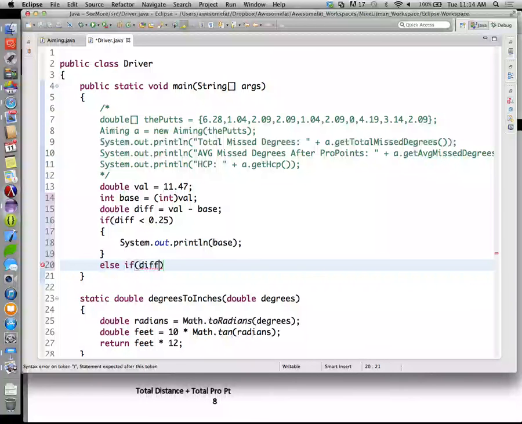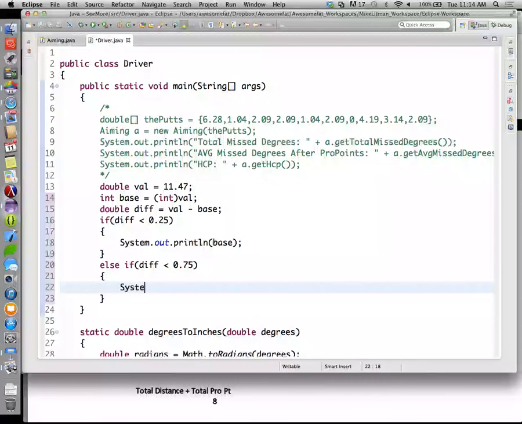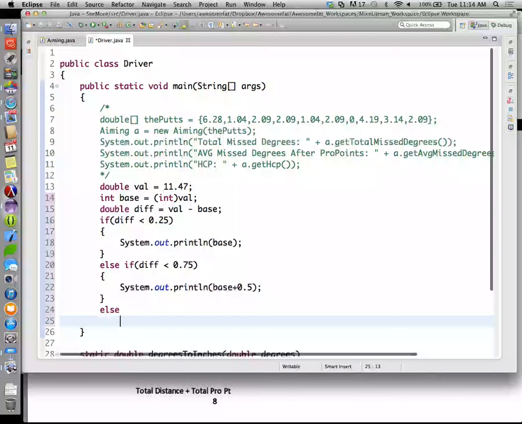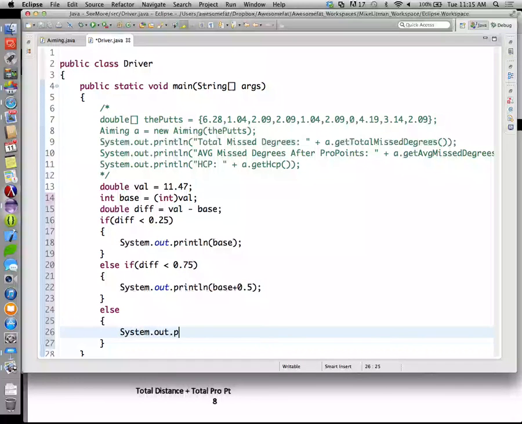Else if diff is less than 0.75, we want the 0.5. Else, system.out.println base plus 1.